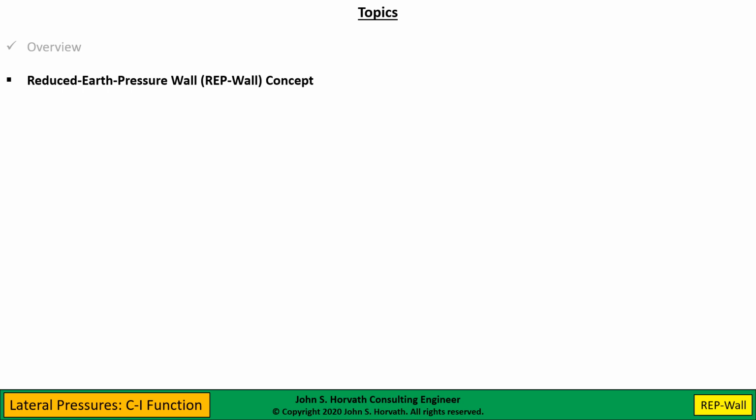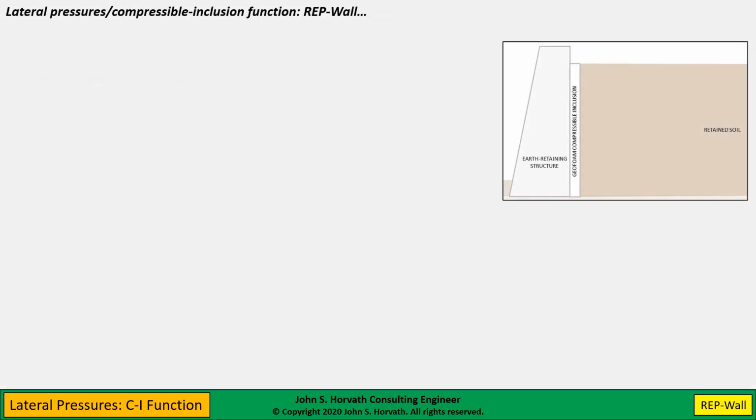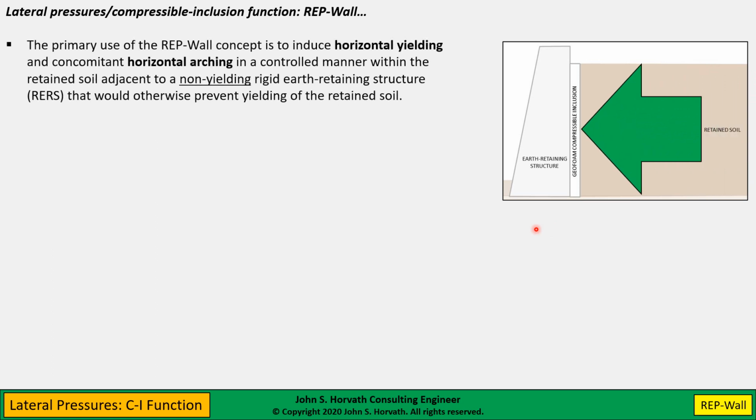Well, let me now get into the reduced earth pressure or REP wall concept in some detail. The primary use of the REP wall concept is to induce horizontal controlled yielding and the associated horizontal arching within the retained soil adjacent to a non-yielding, very important, non-yielding rigid earth retaining structure.